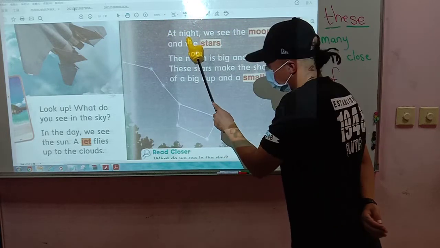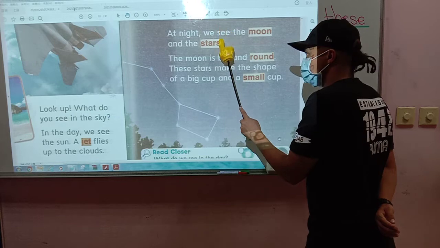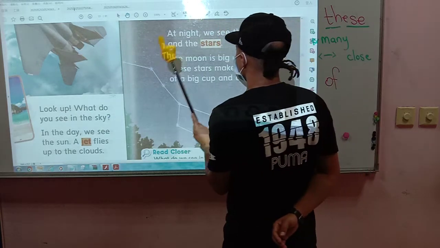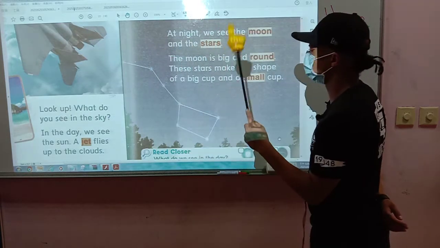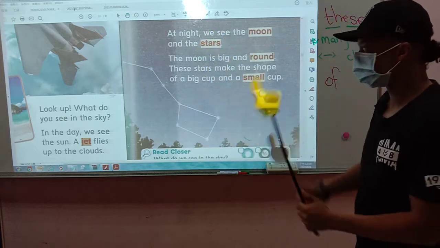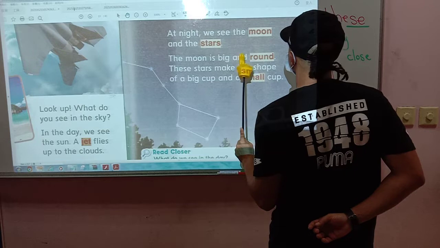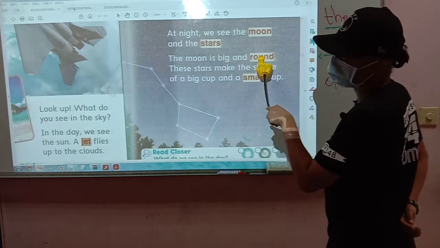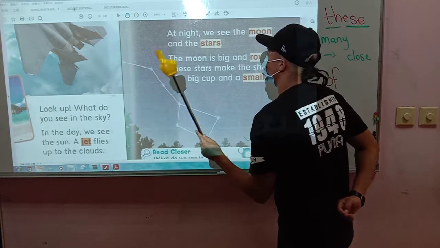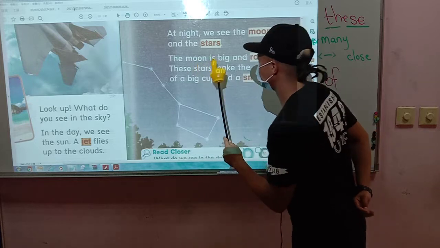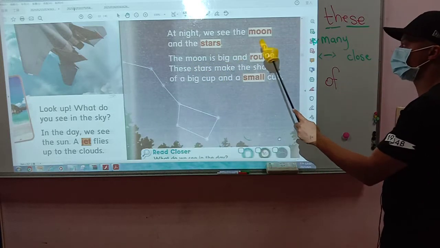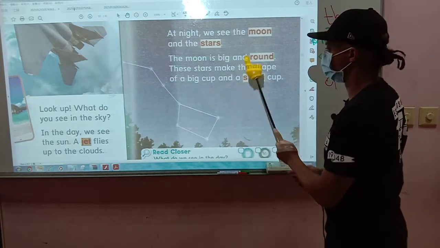At night, we see the moon and the stars. Can you say it? The moon is big and round.